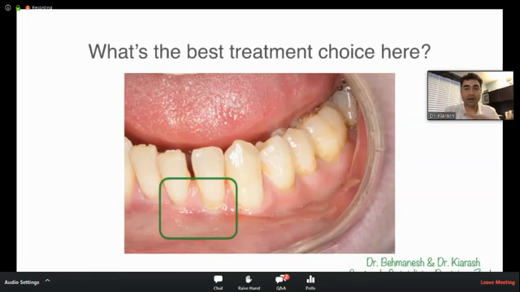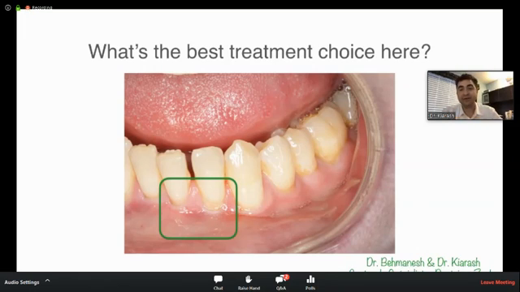You can click on it and move it out of the way so you can see the picture underneath. And the question is, based on all the variables you're seeing, the vestibular depth, the keratinized tissue, the attached tissue, recession level, the Chiaro classification, what do you think would be the best treatment choice in this case here if we had to do some sort of treatment?